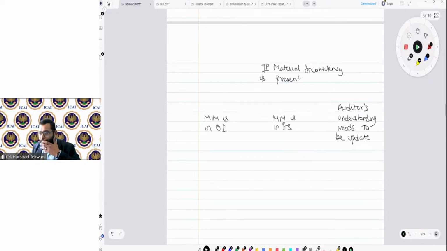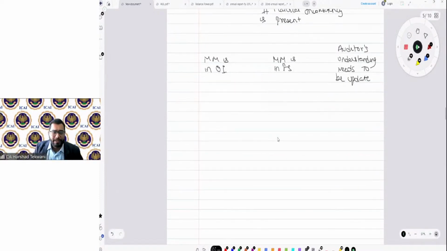Now, if I identify there's a material misstatement in other information, in that case, what I need to do is request management to correct. If the correction is made, then fine, I don't have an issue.